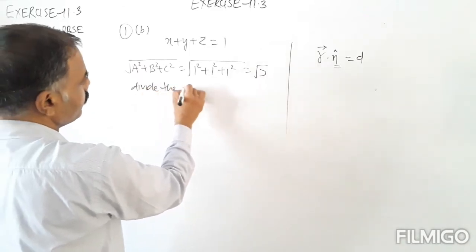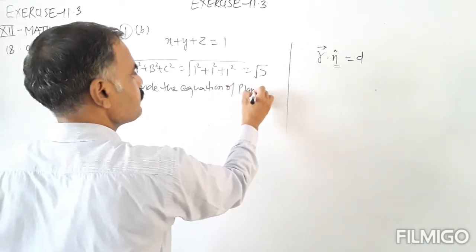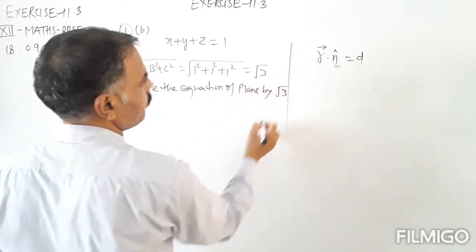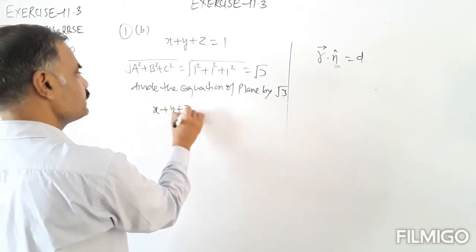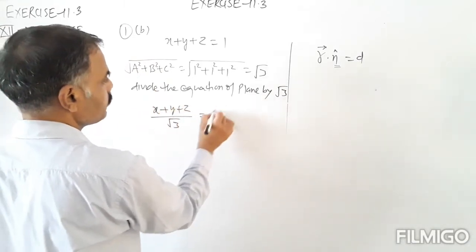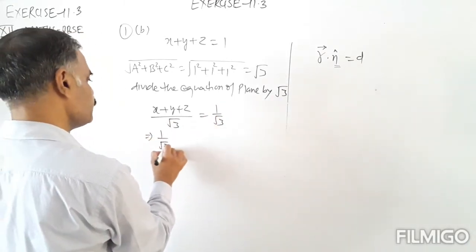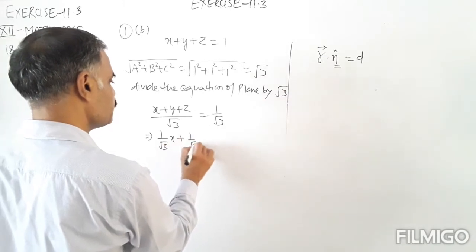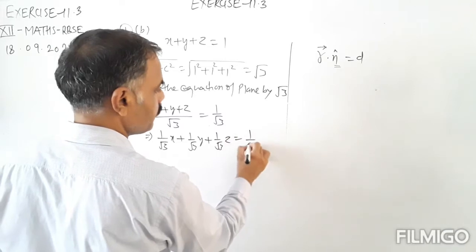Divide the equation of plane by under root 3 on both the sides. We have x plus y plus z upon under root 3 is equals to 1 upon under root 3. So this can be written down as 1 upon under root 3 x plus 1 upon under root 3 y plus 1 upon under root 3 z is equals to 1 upon under root 3.